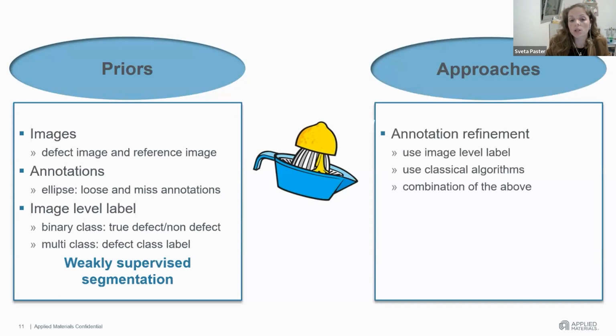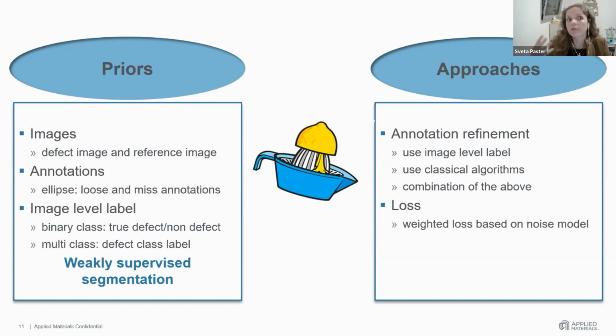So one of the approaches is annotation refinement. We can use the image level label, as I said, we can get this information for the solution, and there are also classical algorithms that we can apply to refine the annotation. A combination of both is also a possibility. And there's another way to tackle this problem of noisy annotation, which is not only to refine our input, but also to modify the loss during the training procedure.